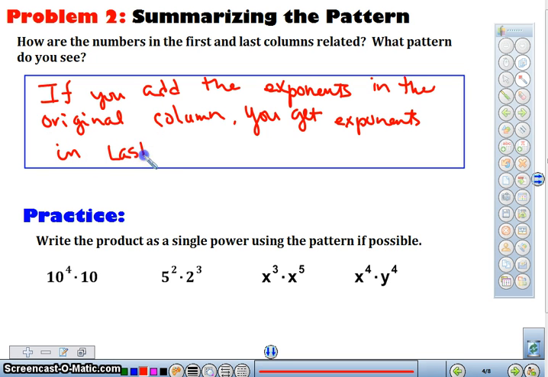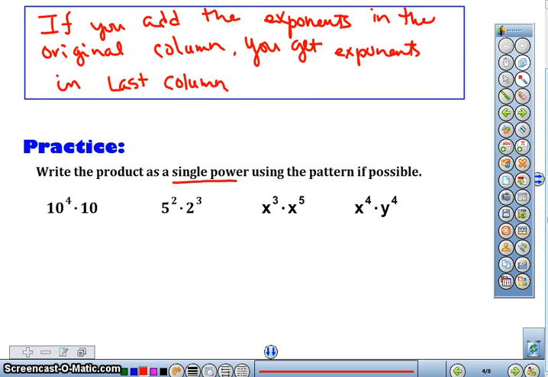Now, that's actually called simplifying. So anytime we have a problem like this, and it says practice writing the problem as a single power using this pattern, what we want to take a look at is that we want to get our answer.